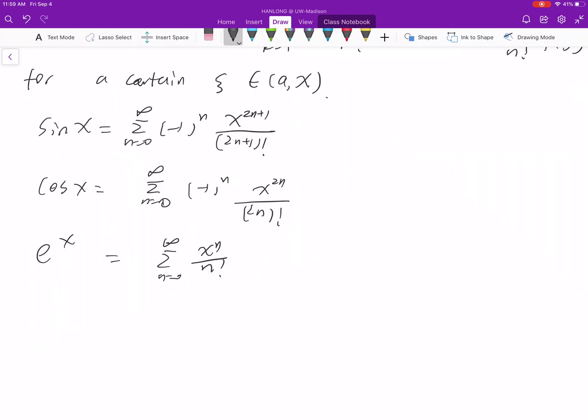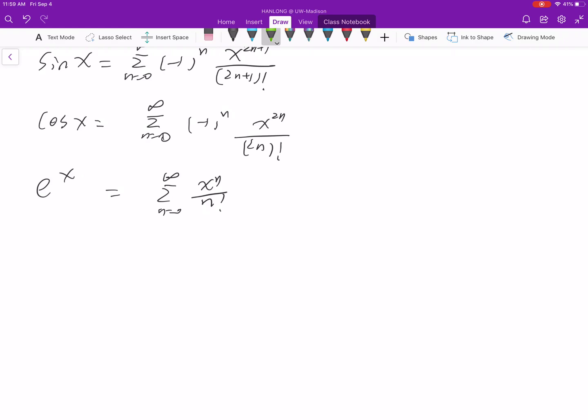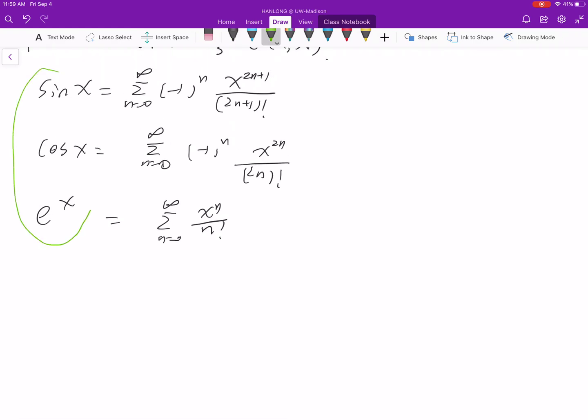And now let's look at the left hand side: these are functions sine, cosine, exponential depending on a real variable x. We don't know how to interpret the left hand side when x is a complex number. But for the right hand side, just a power series, of course you can change the real variable x to a complex variable.